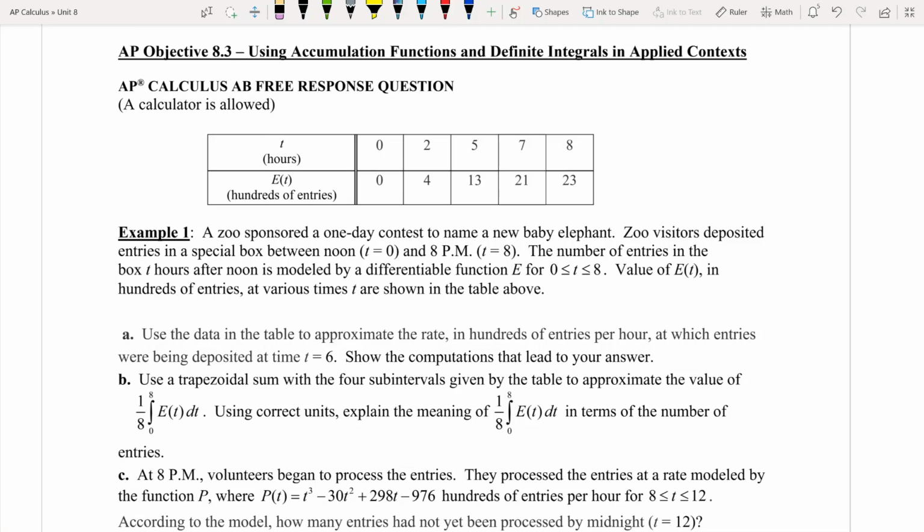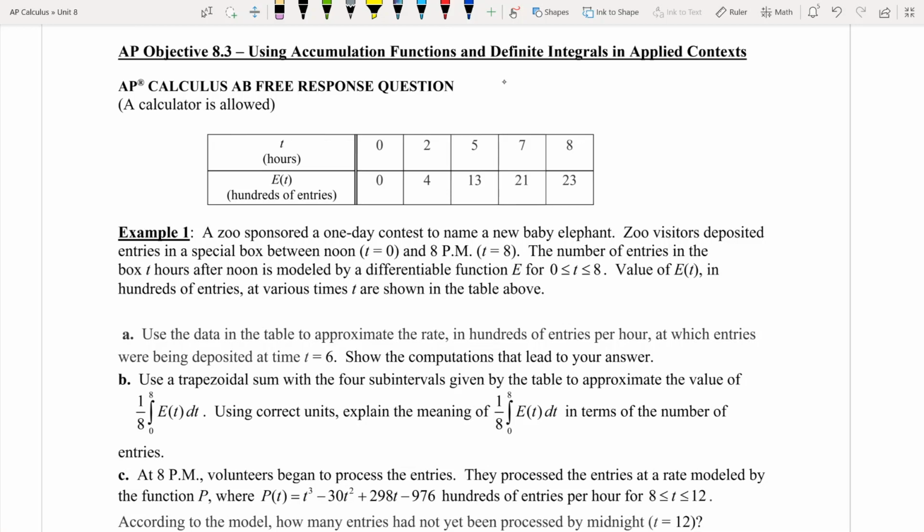So here's the scenario. You can see at the top here we've got a table in terms of hours and E of t, which is hundreds of entries. And these are entries at a zoo. A zoo sponsored a one-day contest to name a new baby elephant.